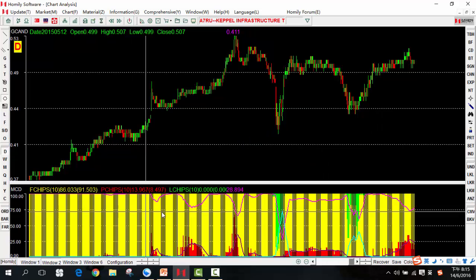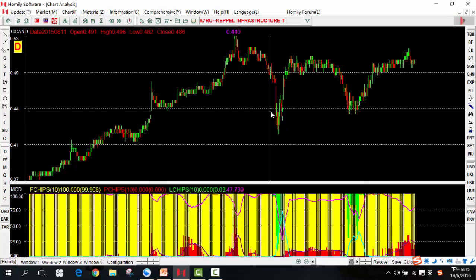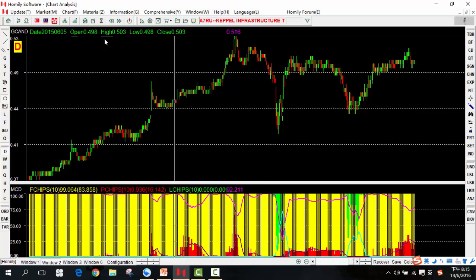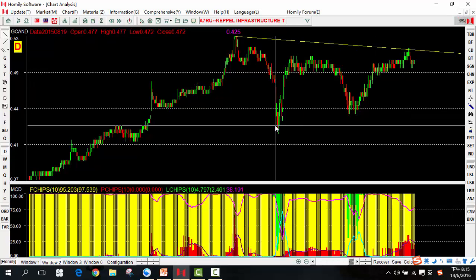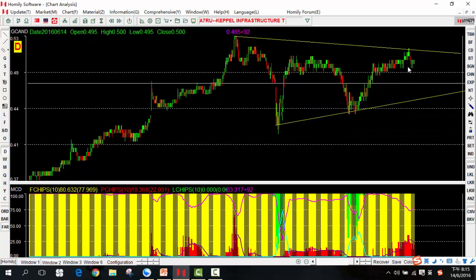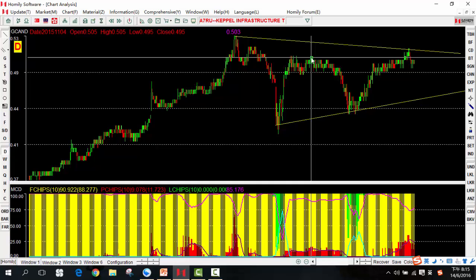So we can see this stock, whether this is a top reversal pattern or not. Then we can draw the line. Can we draw the line like this? Is this a wedge pattern or not? No, because there are no three highs, okay?